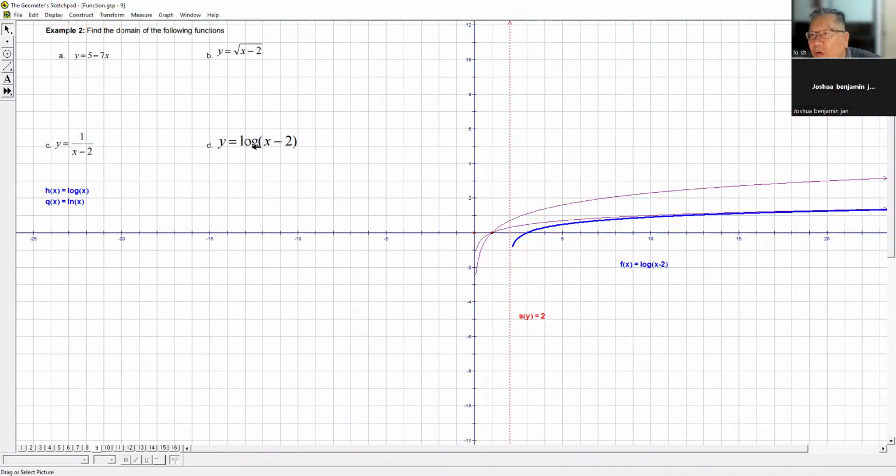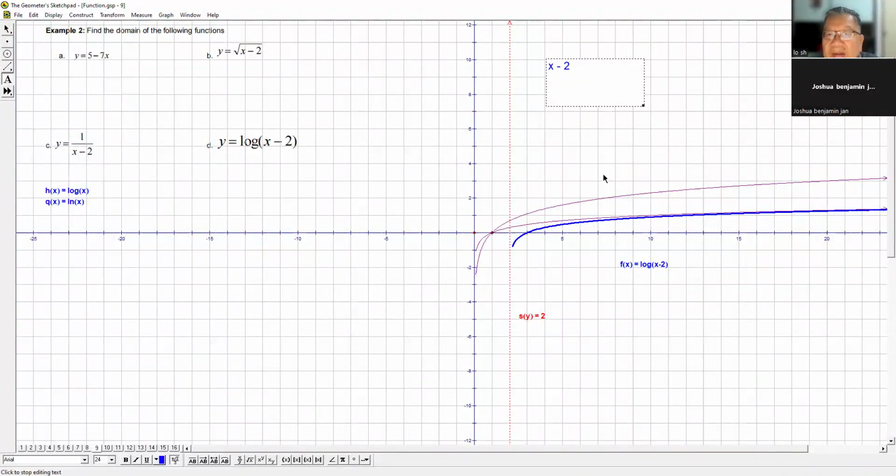You cannot have log of a negative number, meaning that whatever is inside the bracket, x minus 2, cannot be a negative number.